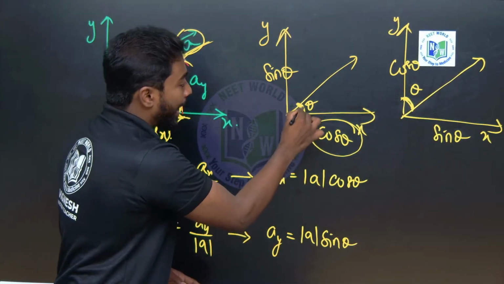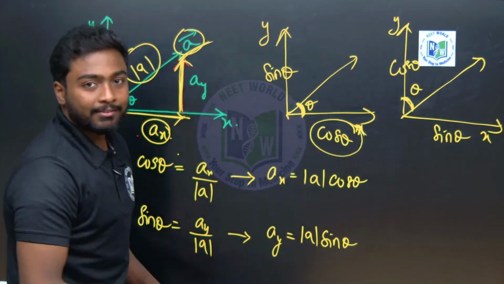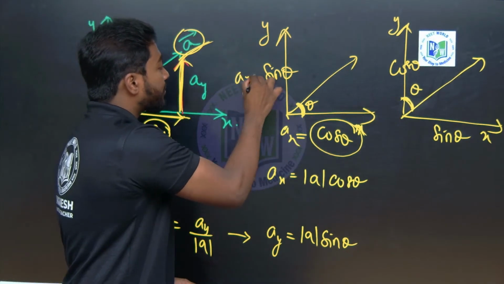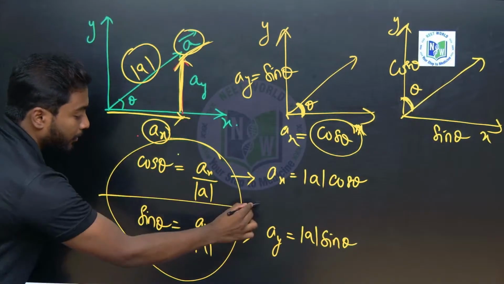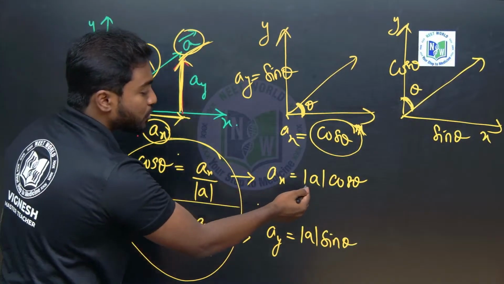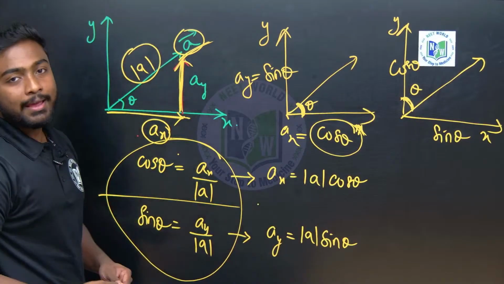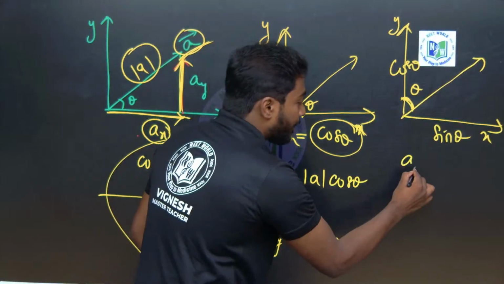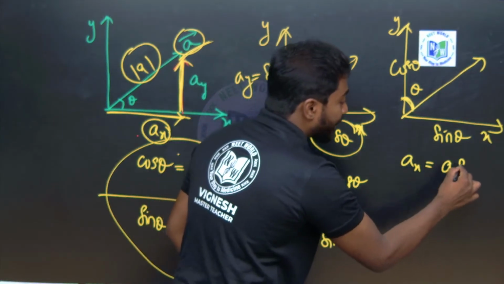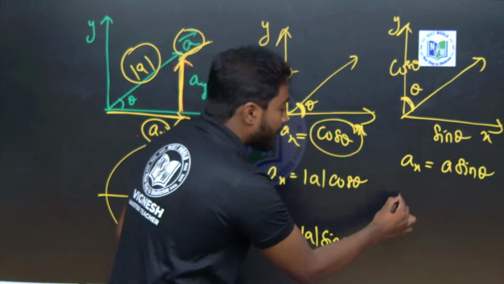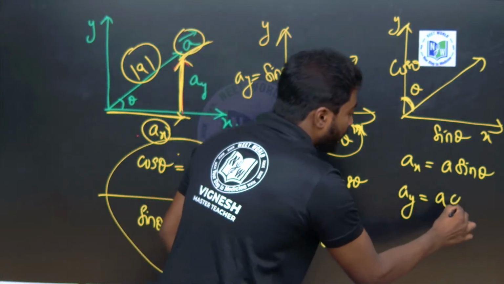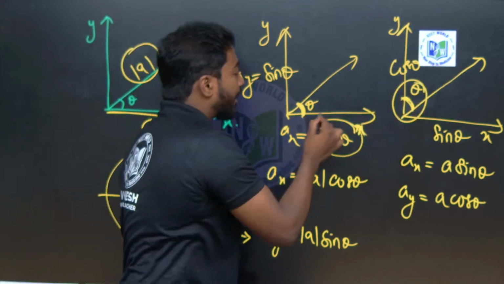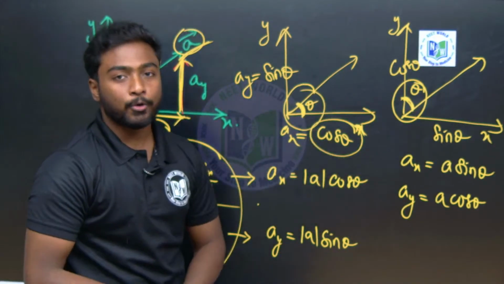So ax equals a cos theta, ay equals a sin theta. In this other example, ax equals a sin theta and ay equals a cos theta. So see where the angle has been made, then take the components accordingly.